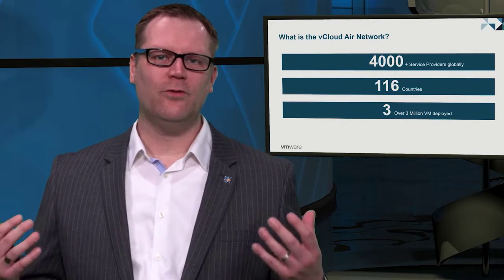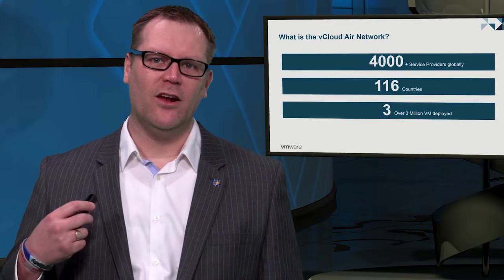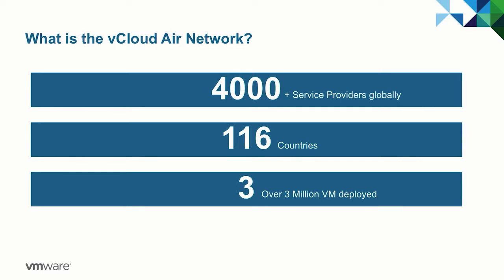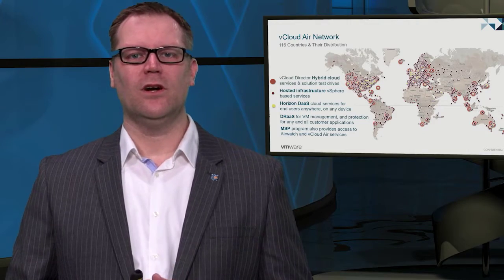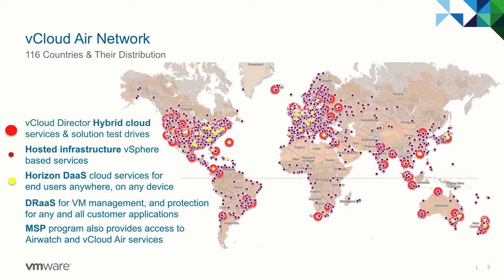It's made up of over 4,000 service providers globally, run in over 116 countries, with over 3 million virtual machines deployed. So what does this actually mean to you? Essentially, it gives you a cloud service provider in 116 countries around the world. When you look at this map, you can see all the different locations where VMware has a vCloud Air Network partner.